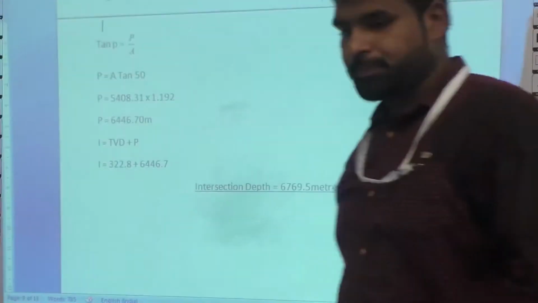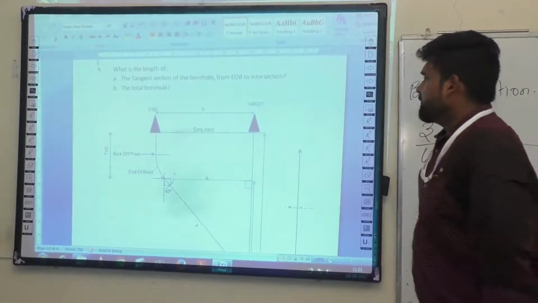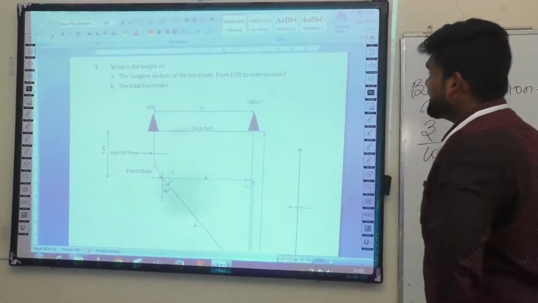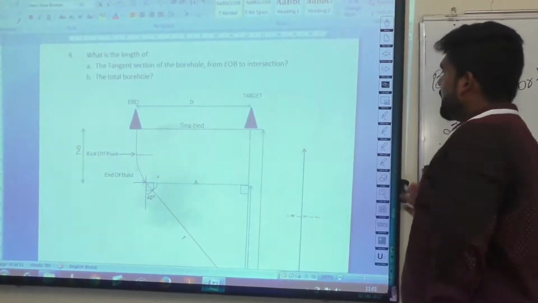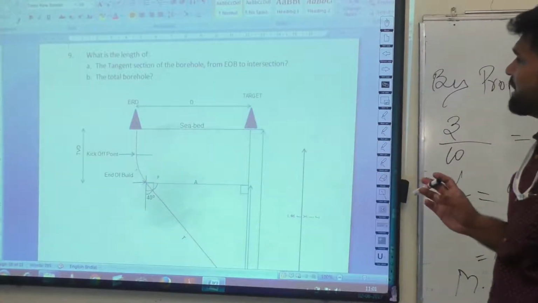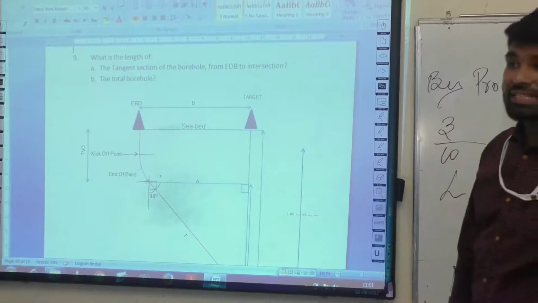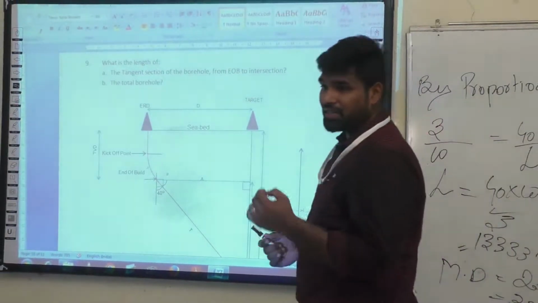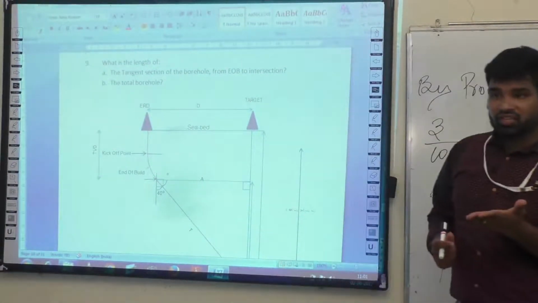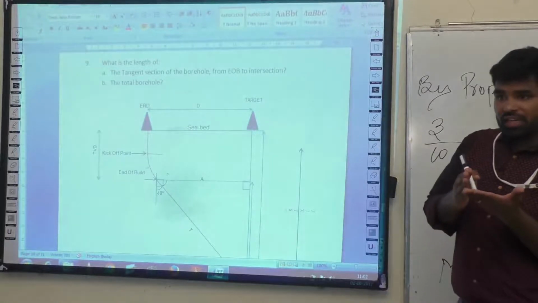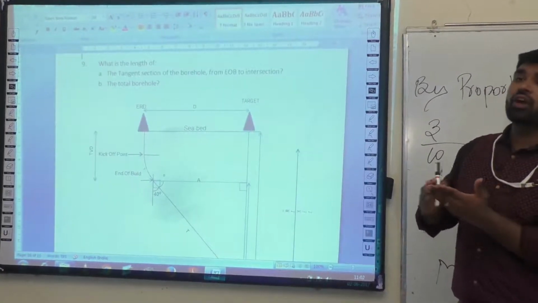And the final section is, what is the length of the tangent section of the borehole from the EOB to the intersection, and the total length of the borehole? So we know about the tangent section, right? What is the tangent section? The section at which you are holding the final angle of your build-up section.